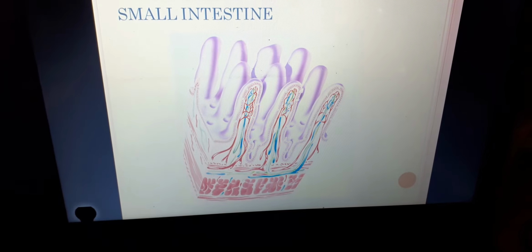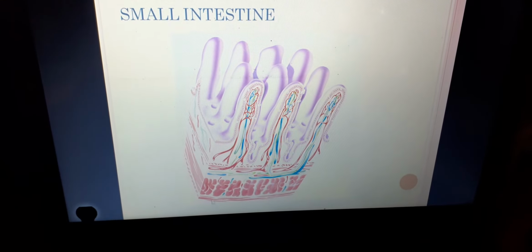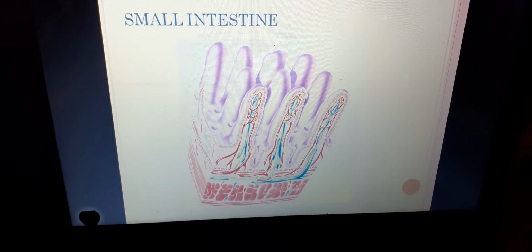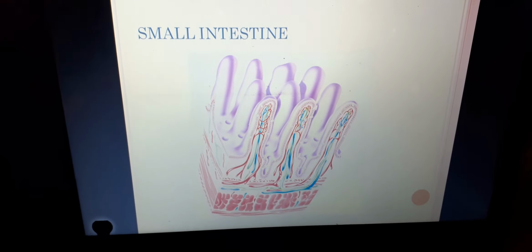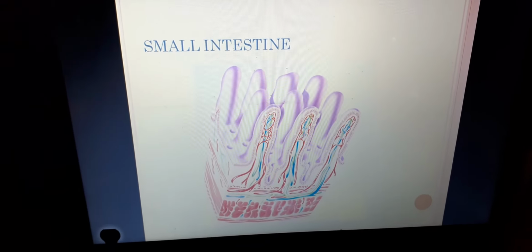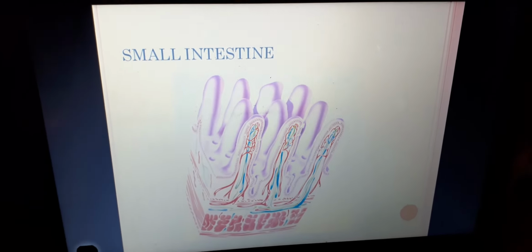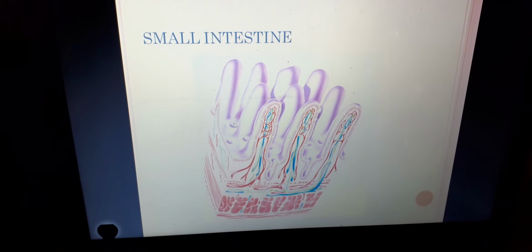Now this diagram shows the inner lining of the small intestine. This one is the outer layer of the tube, because the small intestine is a tube-like structure. On the inner layer of the tube you can see finger-like outgrowths, and these are known as villi.